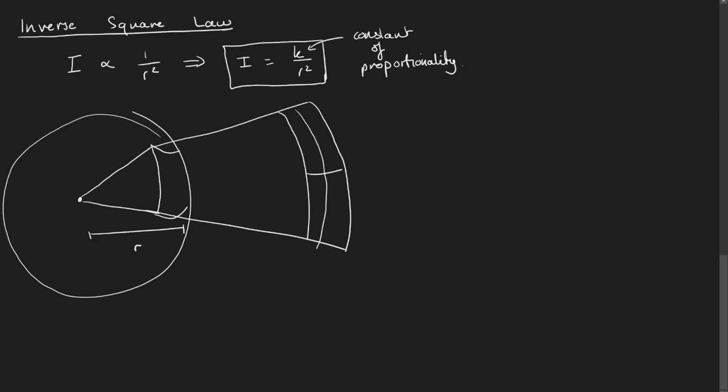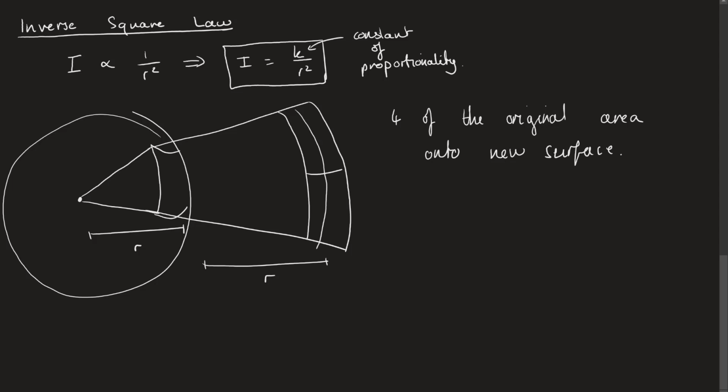Obviously my geometry isn't exactly perfect in this diagram, but if this was r also, I could fit 4 of the original area onto the new surface.